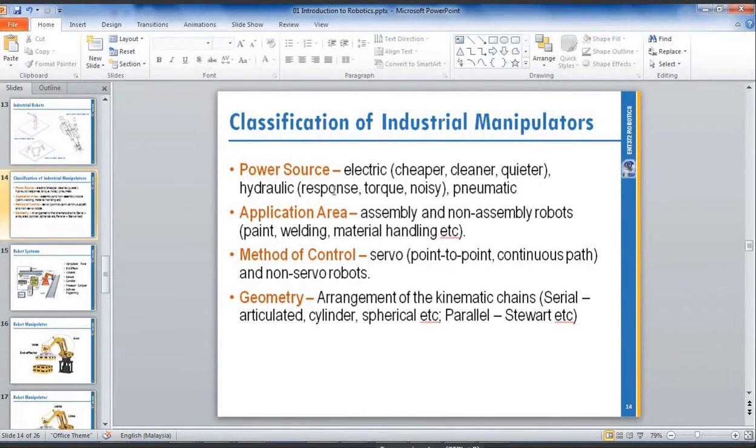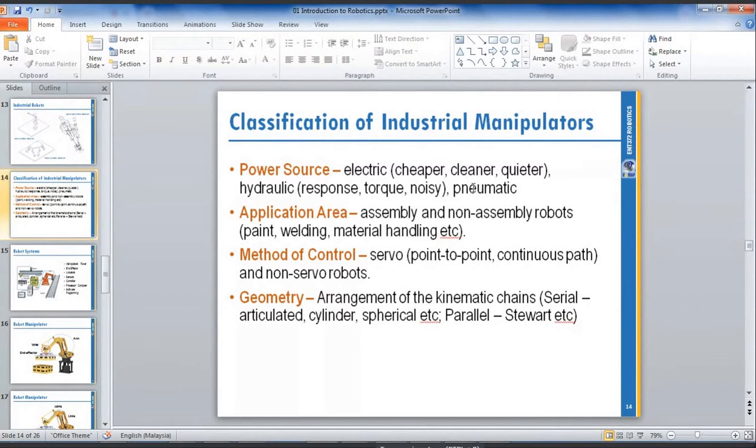Its response is slow, torque very high but noisy. And the other thing is oily. So a lot of leakage. Normally in a hydraulic system, you have a lot of oil leakage. So normally it's not suitable for a clean room environment.